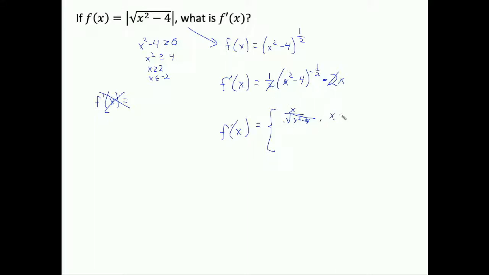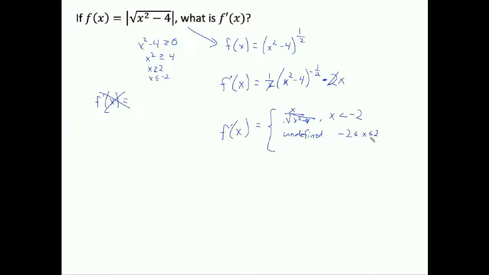That's when x is less than negative 2, not equal to, because at equal to our graph is not going to be correct, or it's going to be undefined. The derivative will be undefined. And that's what I'll put here. The derivative's undefined from negative 2 to 2.